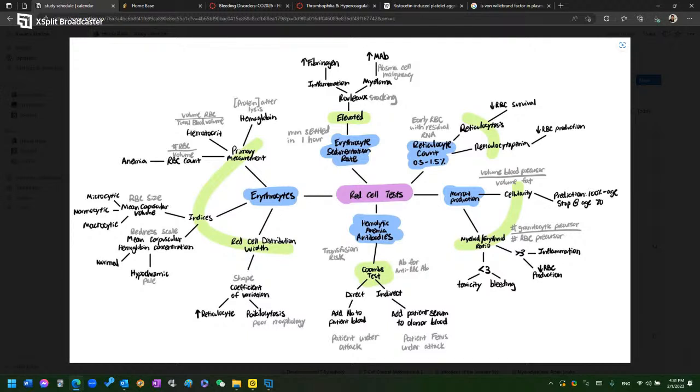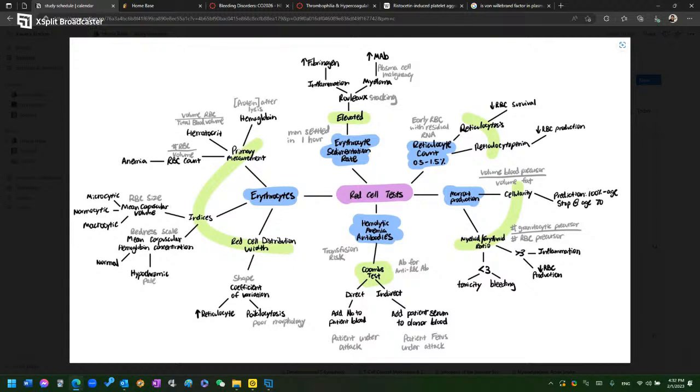And then you add a special factor that binds, I think it's for the Fc region on antibodies, but it will cause agglutination if there's any antibody stuck on a red blood cell. So then if it agglutinates, that means your body is already doing some sort of hemolytic anemia.